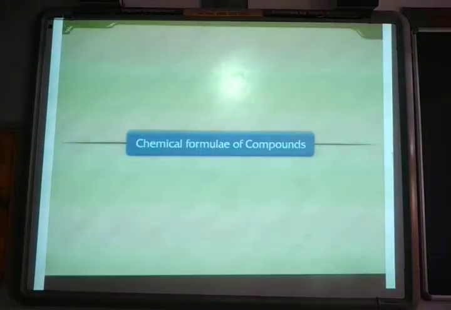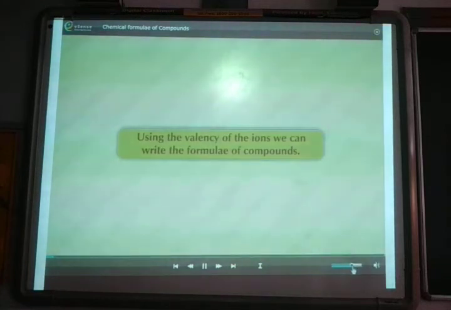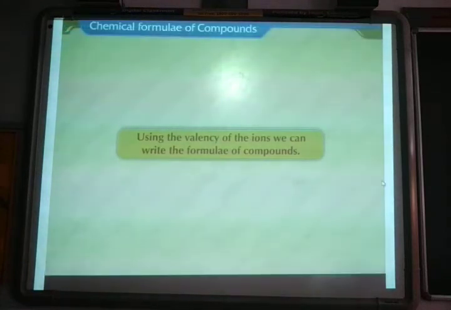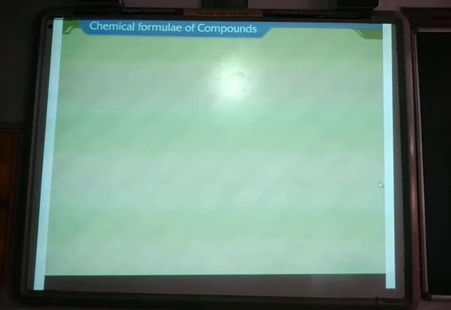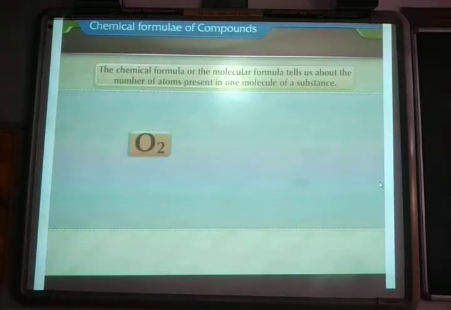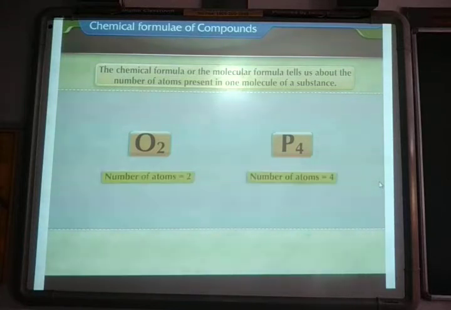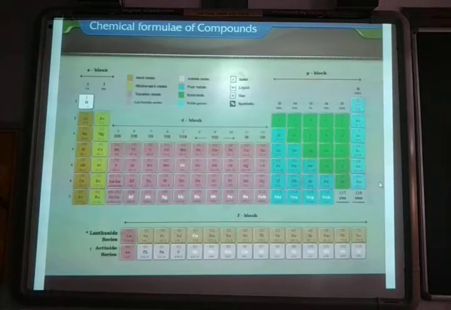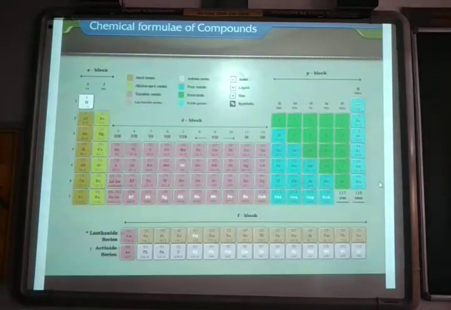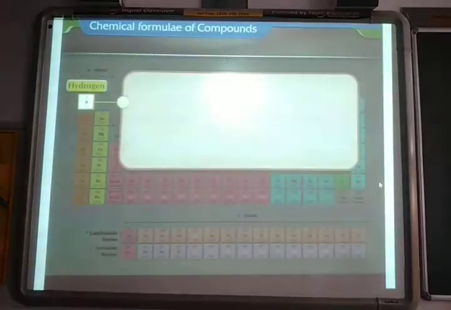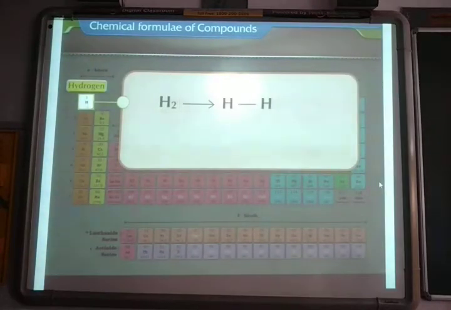Chemical formulae of compounds. Using the valency of ions, we can write the formulae of compounds. The chemical formula or the molecular formula tells us about the number of atoms present in one molecule of a substance. Consider the chemical formula of the element hydrogen. It is H2.